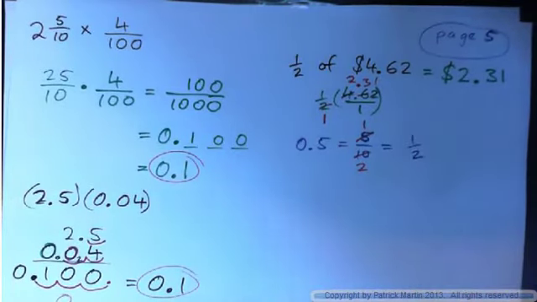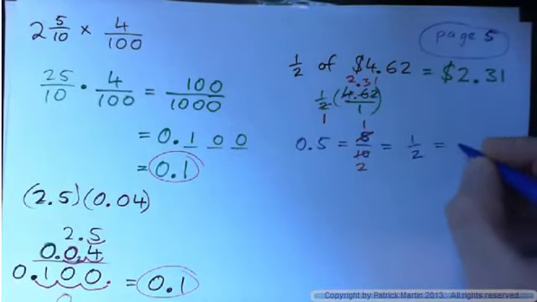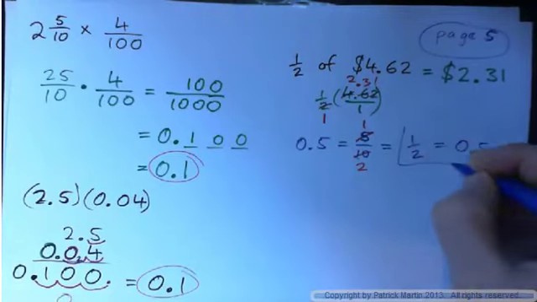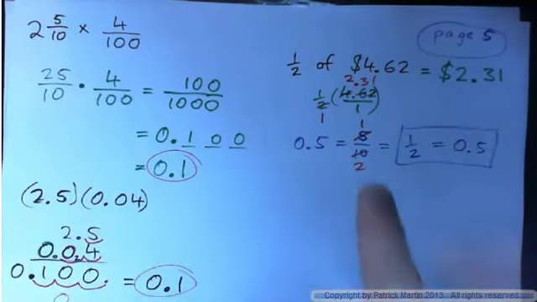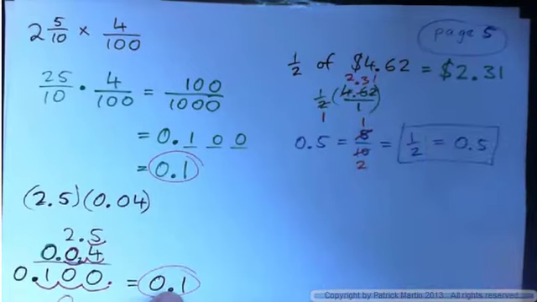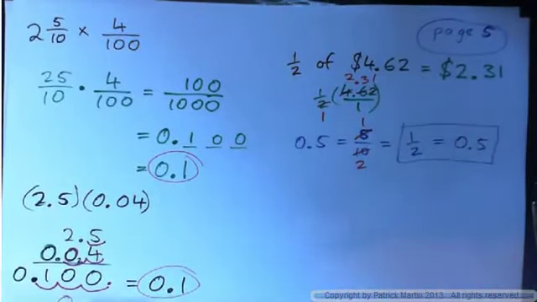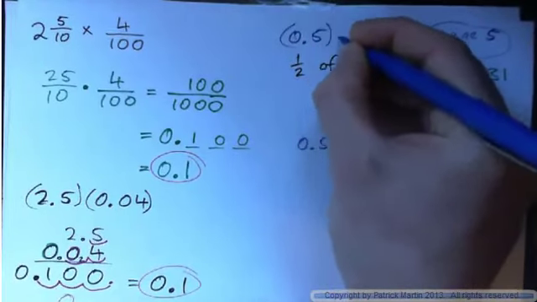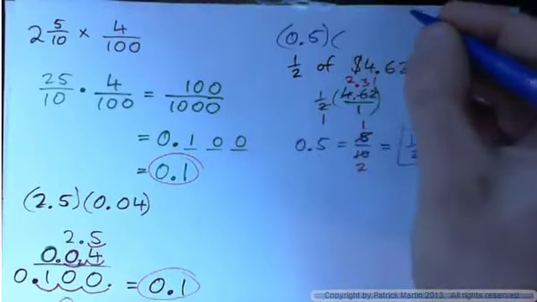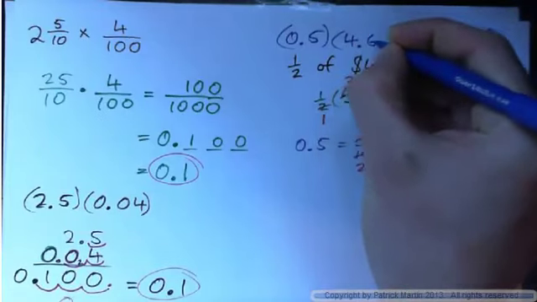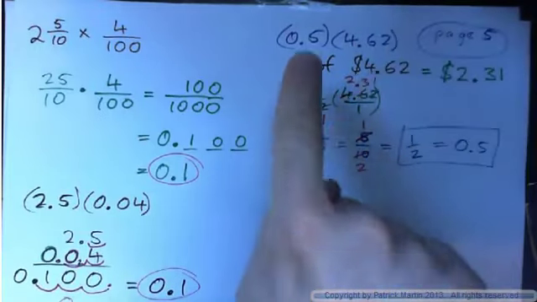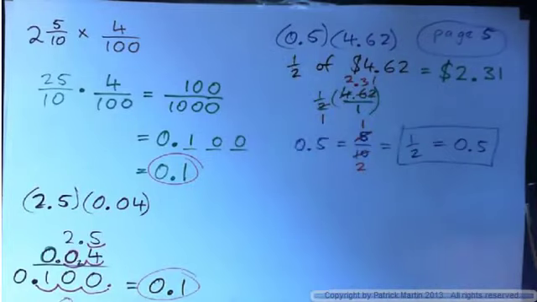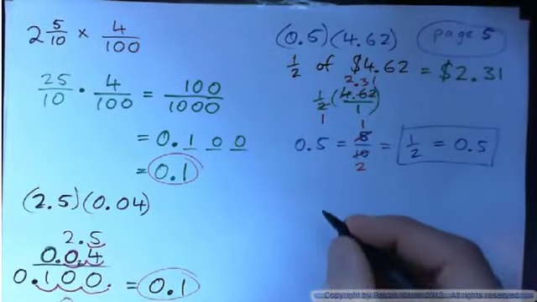So my point is that 1/2 is equal to 0.5, isn't it? So if I'm getting a half of $4.62, another way of looking at that is, of means multiply, I'm going 0.5, see a half is 0.5, of means multiply by 4.62, okay? So I'm going 0.5 times that, and so I'm going to multiply those decimals out just to see if I end up with 2.31, okay?